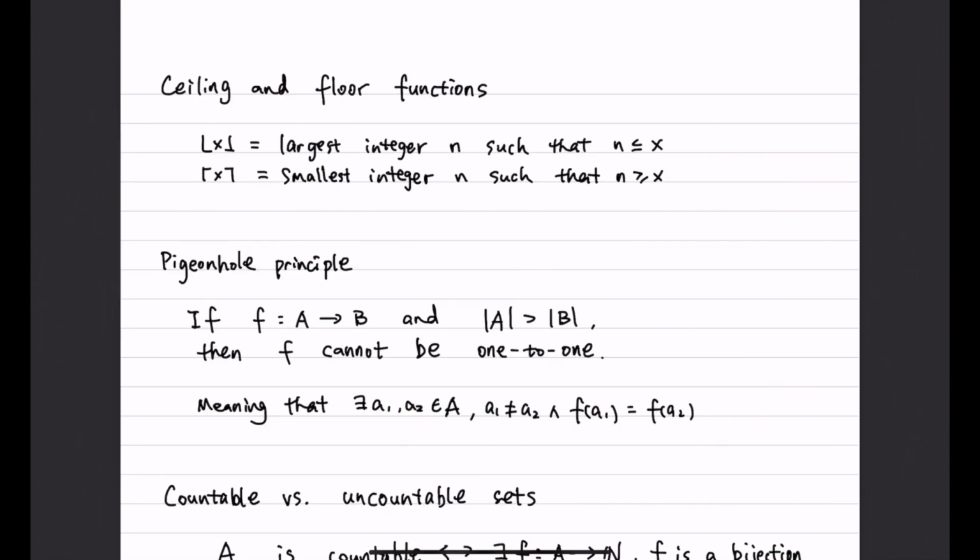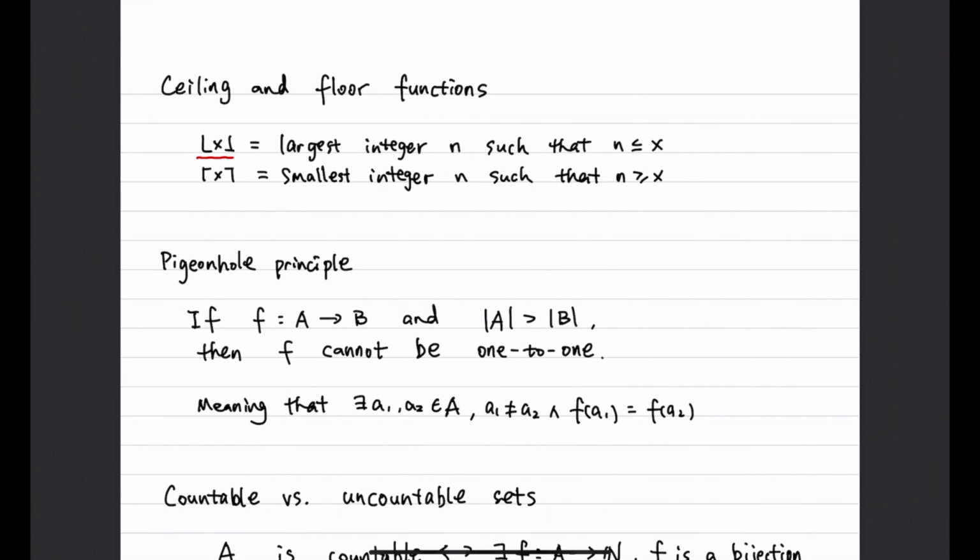Before I finish the recap, I will mention 3 topics that are related to functions: the ceiling and the floor functions, the pigeonhole principle, and the countability of sets. So the floor function, denoted by this notation, is a function from the set of real numbers to the set of integers, and it maps every real number x to the largest integer n such that n is smaller or equal to x.